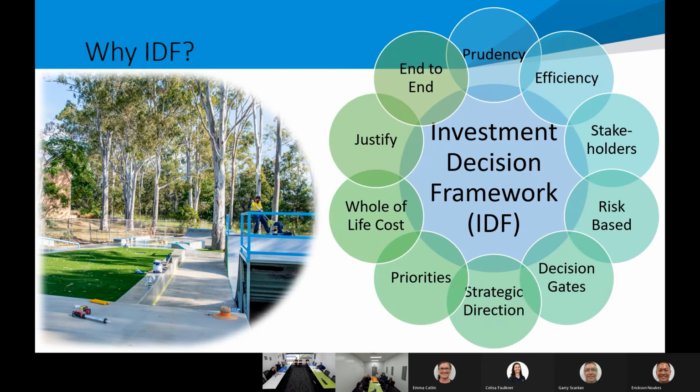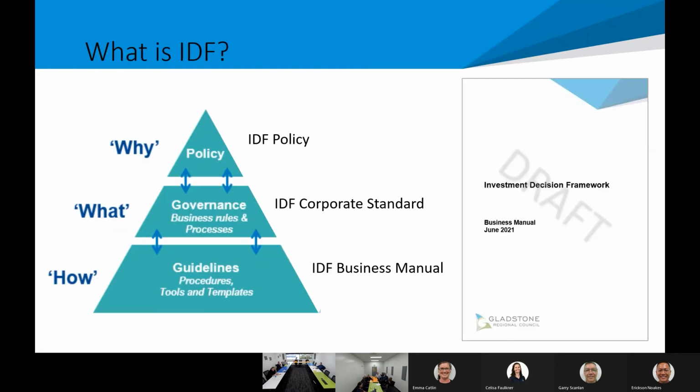We're making our decisions on whole of life cost. They're justified and we're looking at these investments from end to end. There's lots of words around that in the policy and the corporate standard about why, but they're really the key words that, when I look at it, explain why we're doing the investment decision, and I'm sure there's a multitude of others that you can think of.